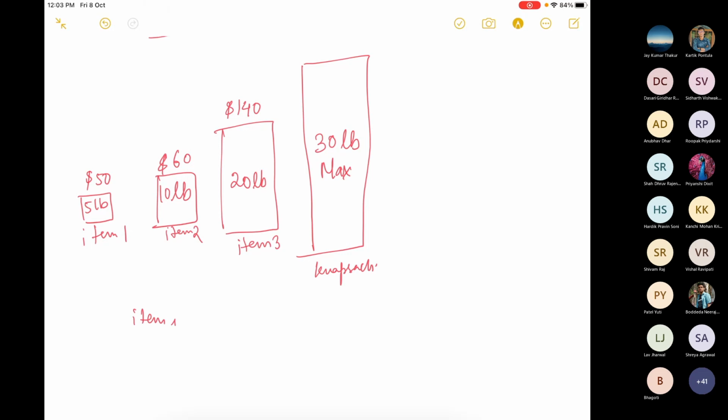For item 1, what is the profit per unit? $50 by 5. That is $10.